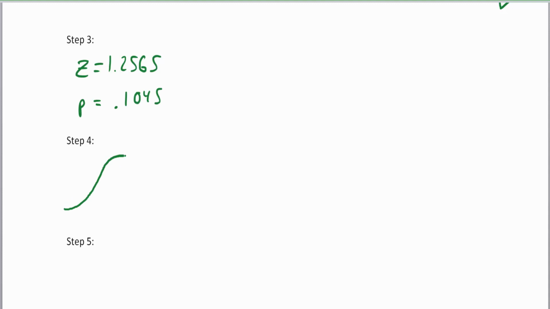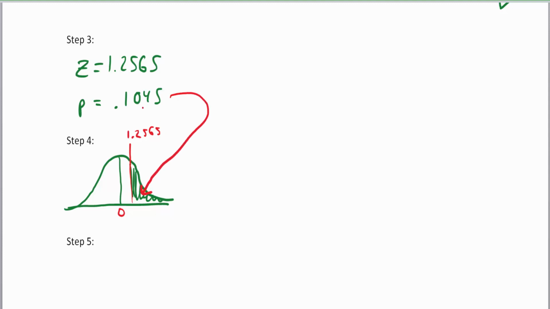We're going to have our beautiful z-curve, and we're going to have a right tail in this direction here along the bottom, and it looks like we're going to plant the flag here at 1.2565 standard deviations away from no difference between the two groups. And we knew that 1 was within the realm of normal, but now that we're beyond 1, we definitely need to check the percentage.